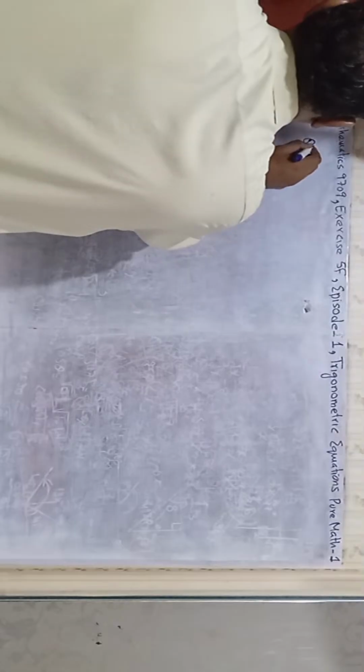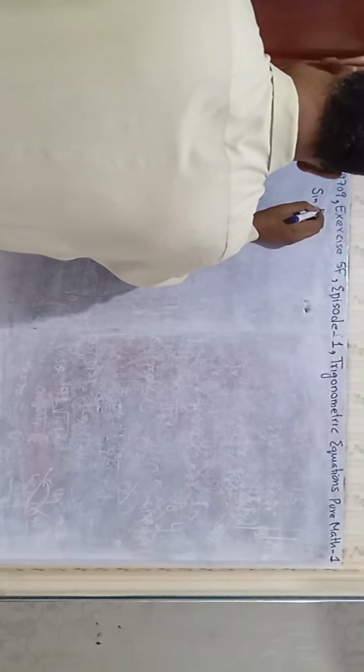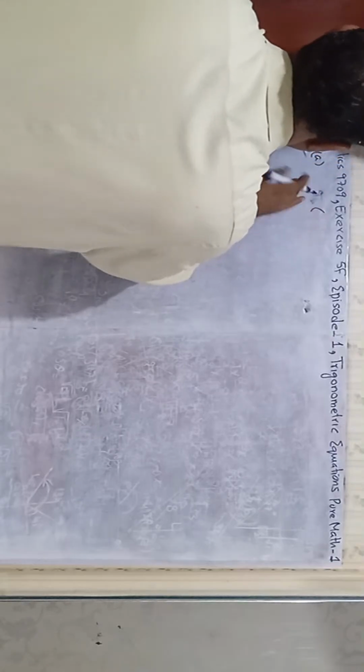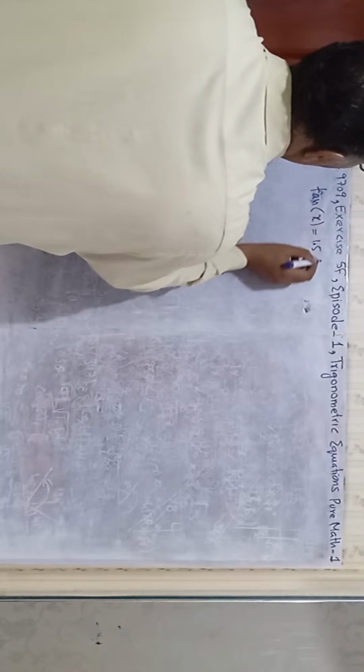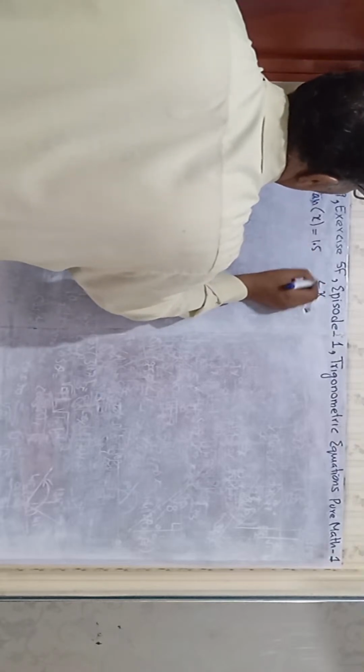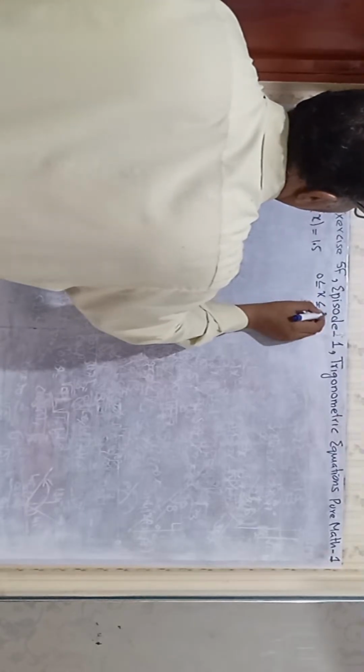Question number 1, part A. Here we are given that tan x is equal to 1.5, and the value of x is from 0 to 360.